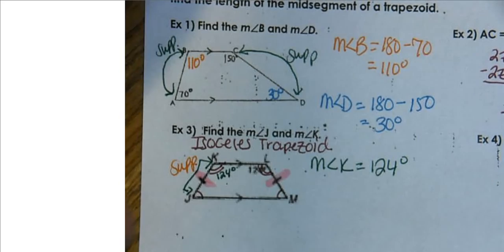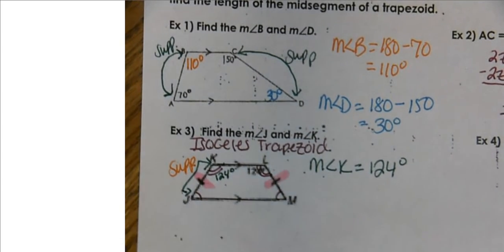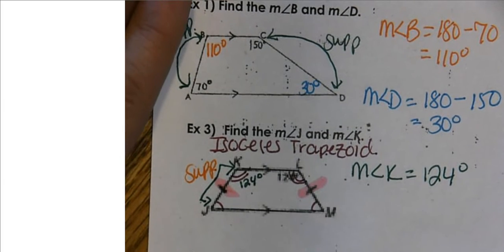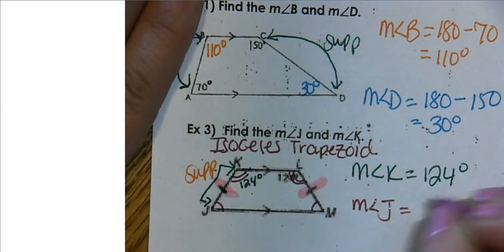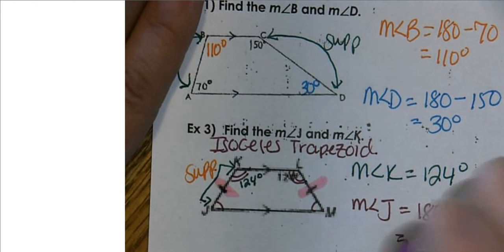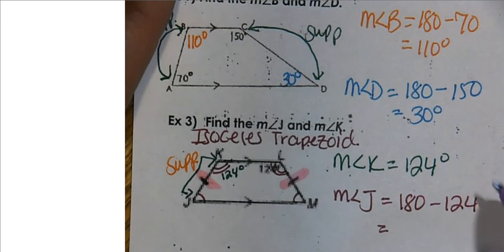So that is in all trapezoids. Along the legs, those leg angles are going to be supplementary. They will add to 180. So the measure of angle J is going to be equal to 180 minus 124. And 180 minus 124 is 56 degrees.